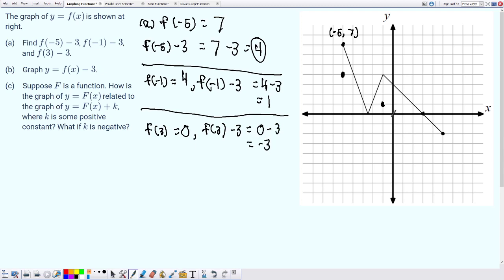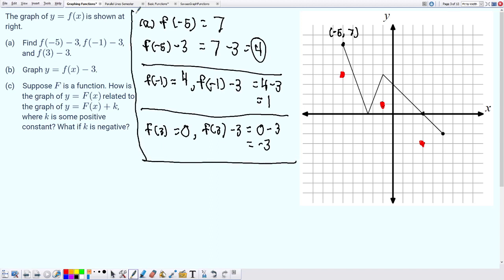So that would be located down here. And I'll color those in with a different color now. So I'll plot that in red so we note the different spots. Okay, so that takes care of part A.